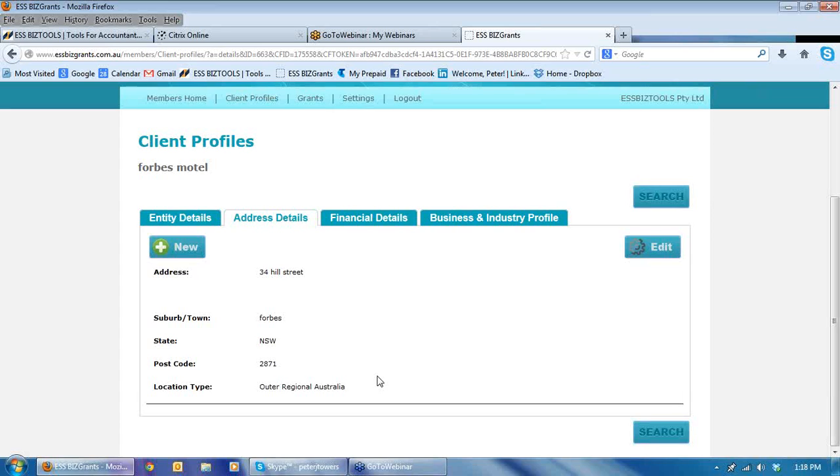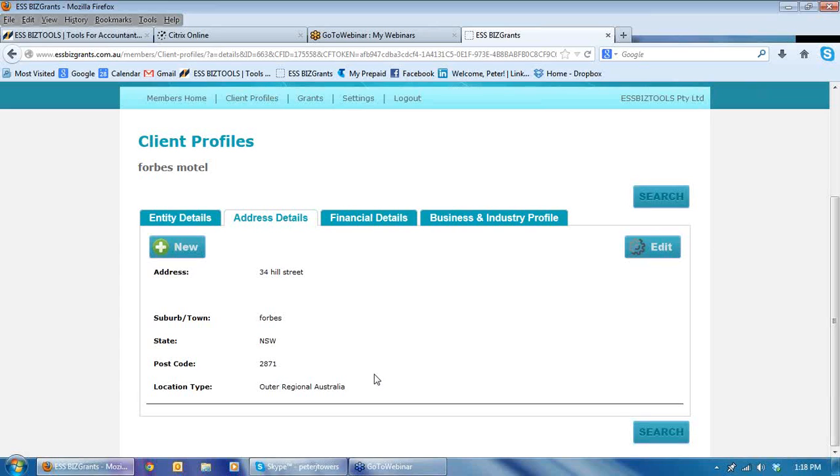But the real issue with someone in an outer regional area is that if a business is operating in an outer regional area and is selling 50% or more of its product to customers who are located in a remote or very remote area, then that business situated in the outer regional area, irrespective of what type of industry it's in, so long as its turnover exceeds $750,000, is able to apply to Enterprise Connect for assistance as if it was a remote located business.